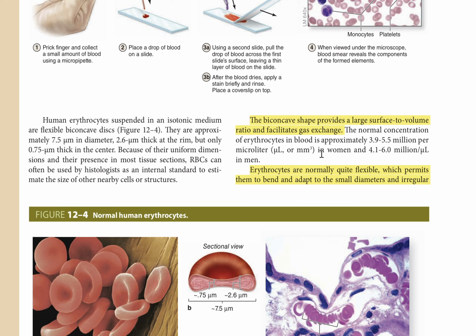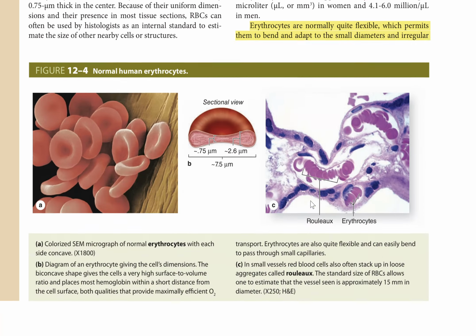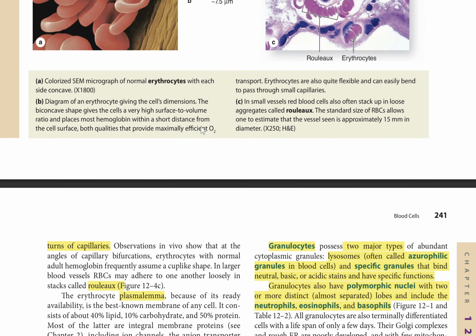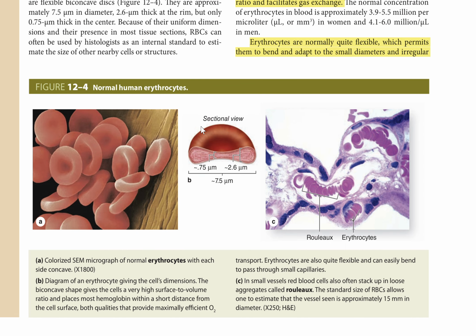Erythrocytes are normally quite flexible, which permits them to bend and adapt to the small diameter and irregular turns of capillaries. As you know, some of our veins, arteries, and capillaries are big, some of them are small.